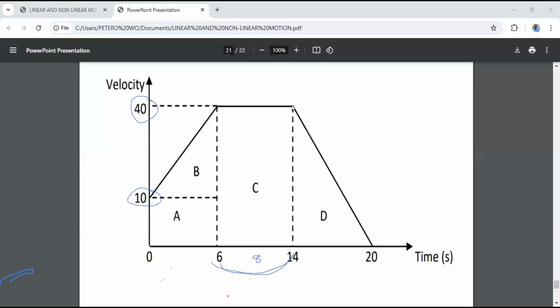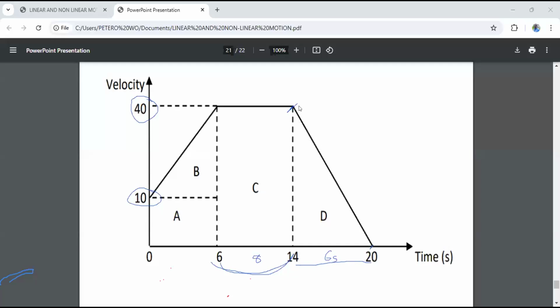Then the body decelerates from 40 meters per second to, now at this point we have 0. So where we have 0, it is rest. From 40 meters per second to rest, and the time between 14 and 20 is 6 seconds.